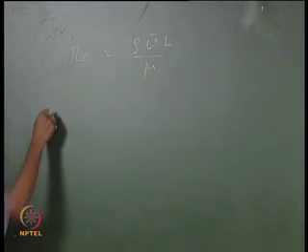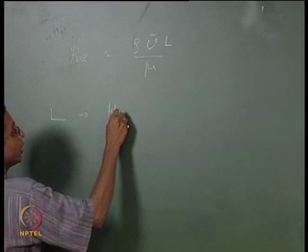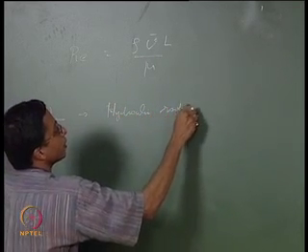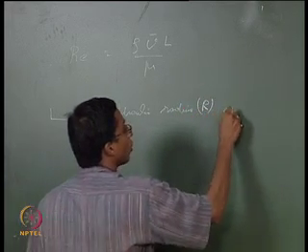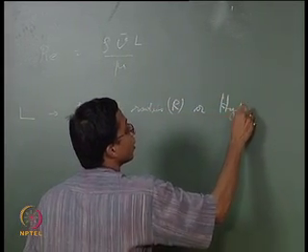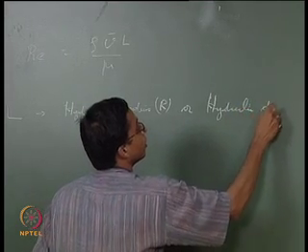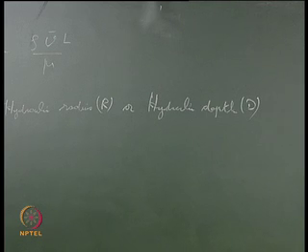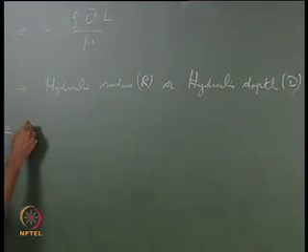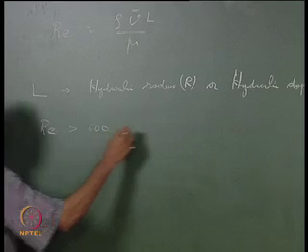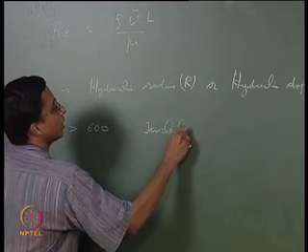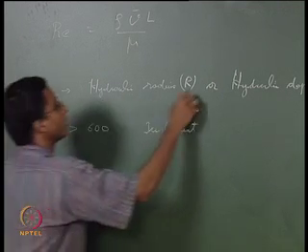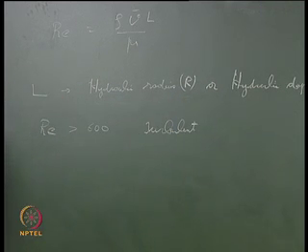Generally this L is taken as either the hydraulic radius or the hydraulic depth d. So, the earlier criterion which we mentioned, that Re greater than 600 is turbulent, is in these cases evaluated using hydraulic radius as the characteristic length.